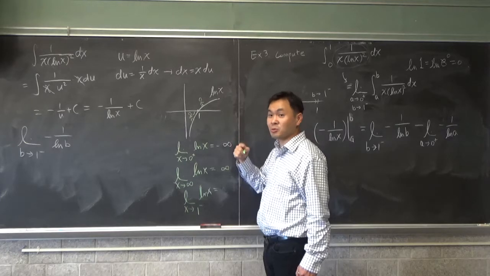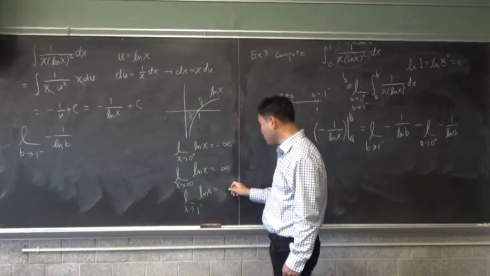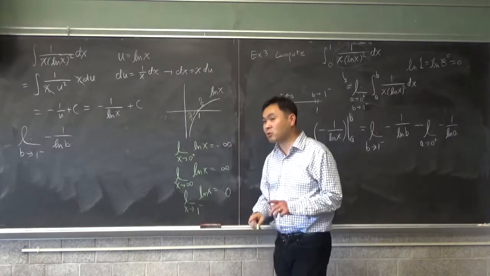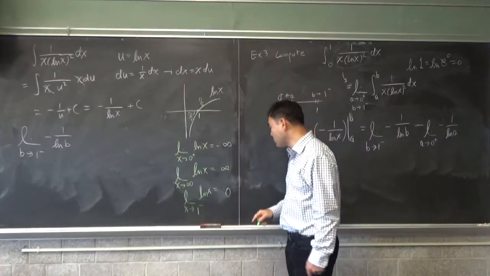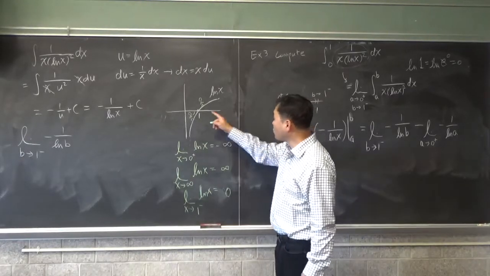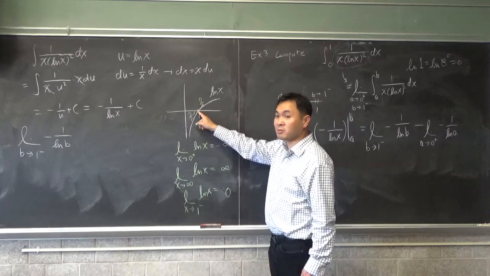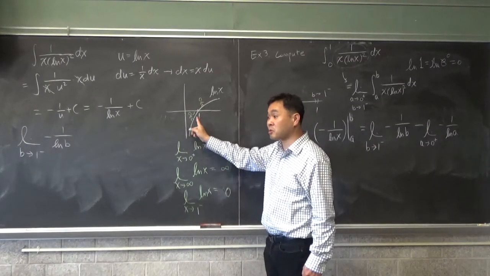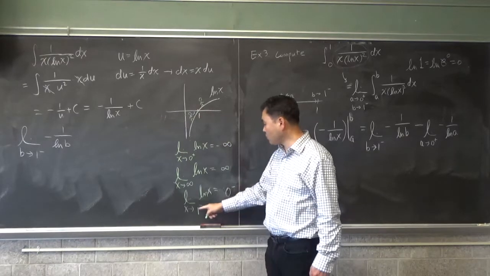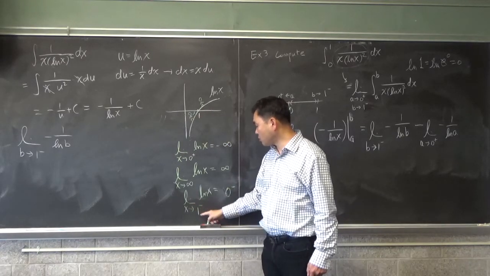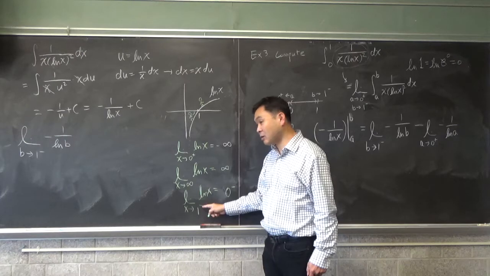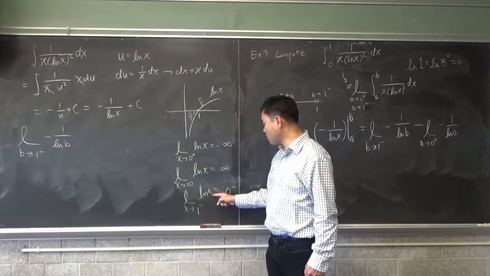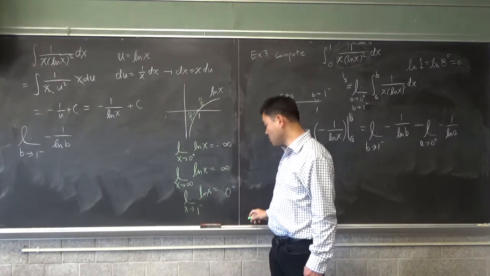Your altitude will be getting closer to 0. But we want to be more specific than that because it's approaching 0 from negative or positive? From the negative. You're going from below, right? So if you approach 1 from the left side, the value of log of x will approach from the negative side.